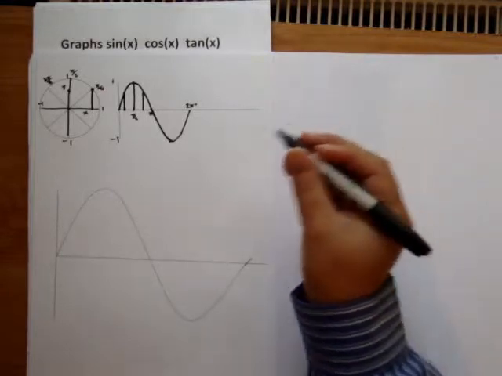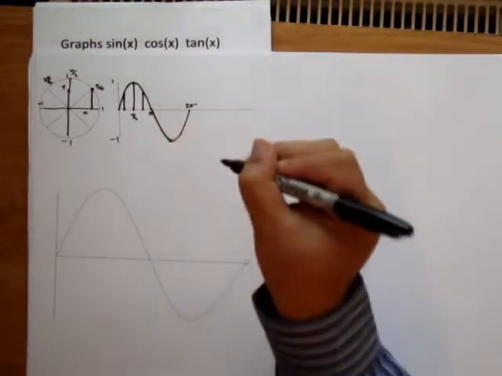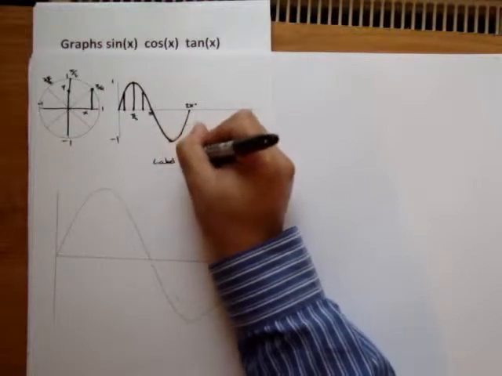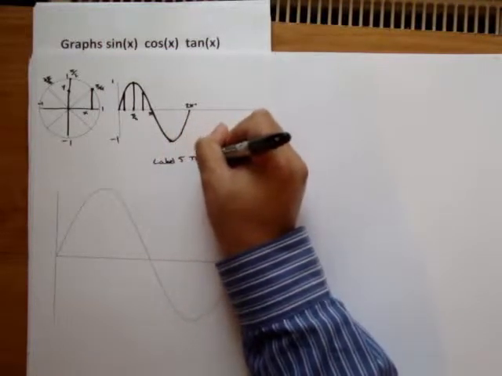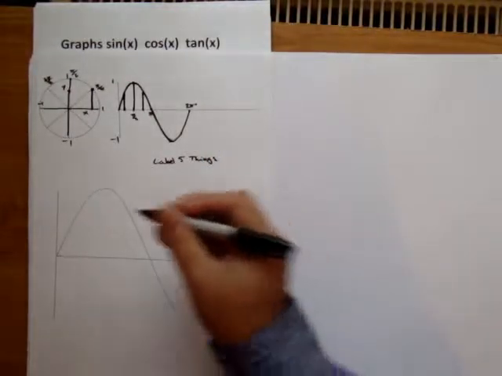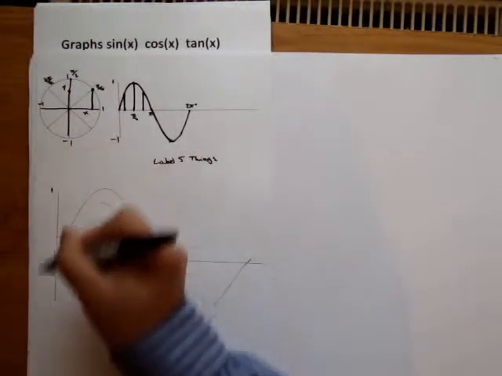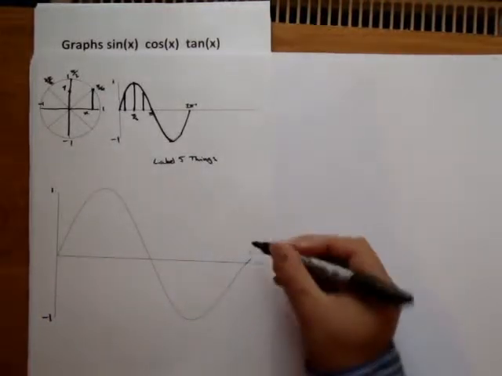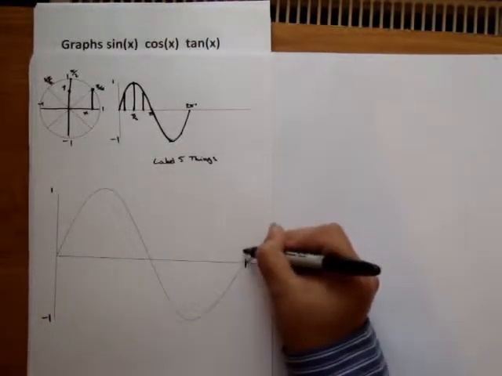When we are drawing a sine curve or a cos curve, we need to label 5 things. The first thing is the amplitude, which is 1, minus 1. The second thing is the period, which is here, which is 2 pi.